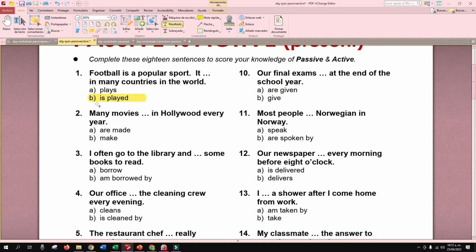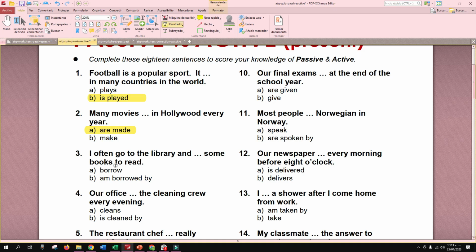Number two, many movies in Hollywood every year: are made, or make. Excellent. Are made. Good. Many movies are made in Hollywood every year. Three, I often go to the library in some books to read.